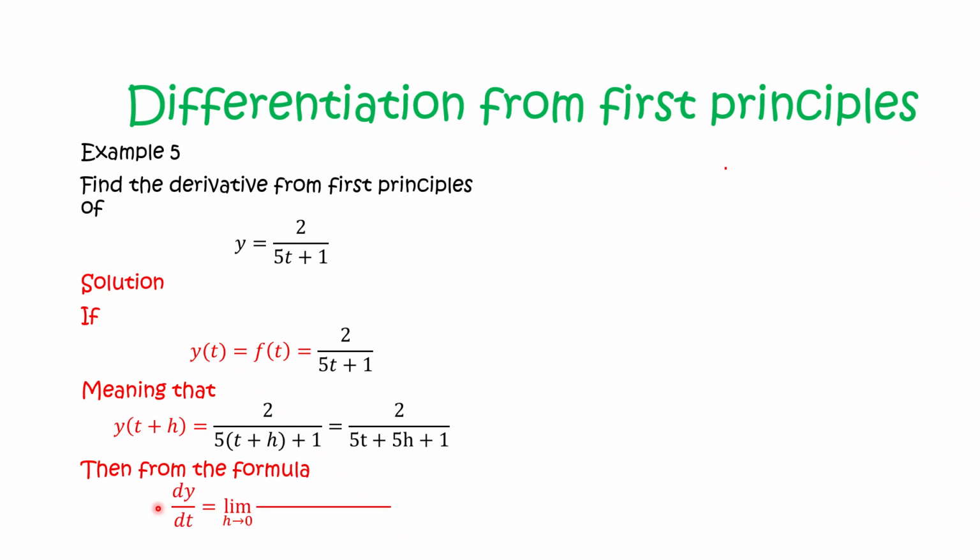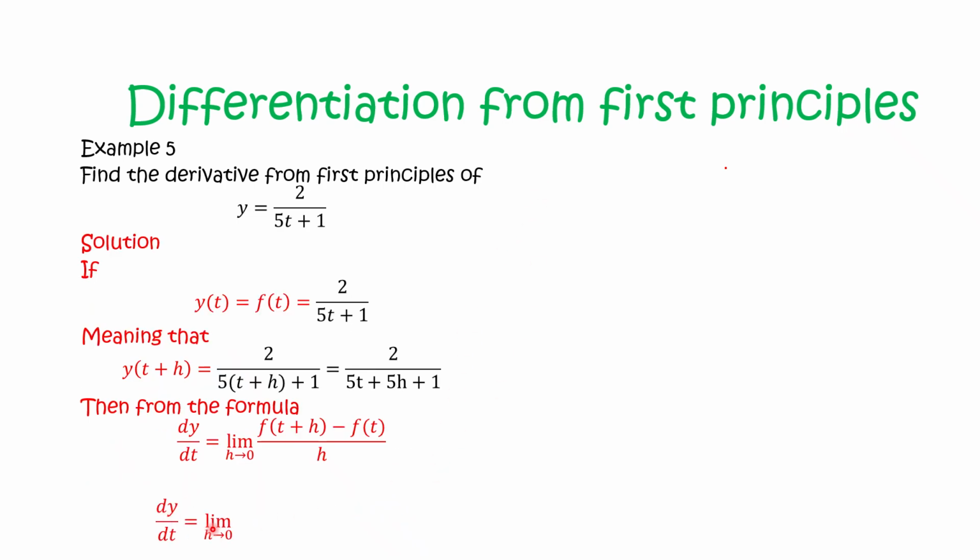Then, from the formula dy/dx, we are going to substitute for f of t plus h and subtract f of t. In so doing, we are going to have our dy/dt as the limit as h approaches 0 of 2 over 5t plus h plus 1 minus 2 over 5t plus 1, all over h.